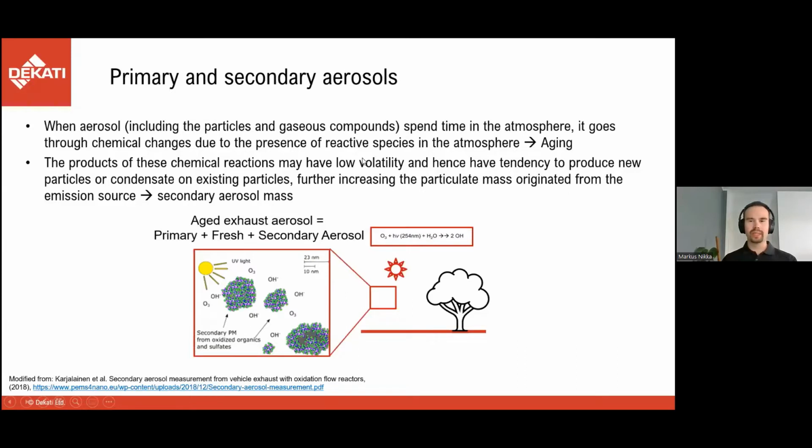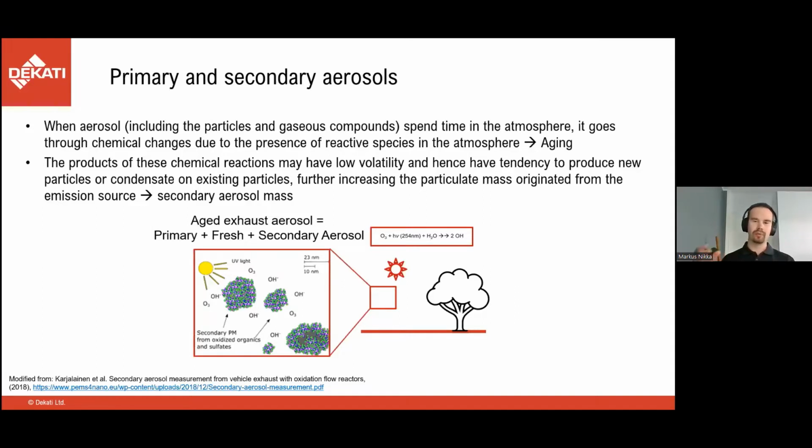So when these reactions occur, the volatile compounds present in the atmosphere that have originated from the emission source react with the oxidative species.